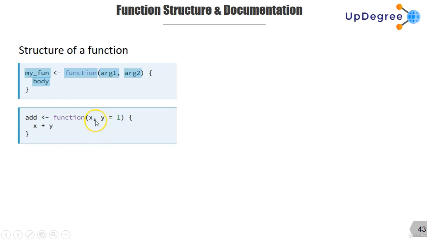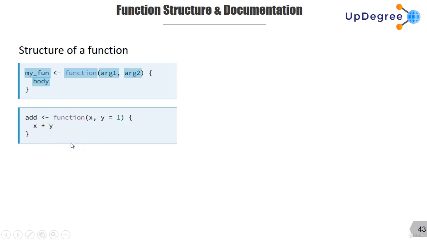Now by default you can set some value. If you write only x comma y, then there is no default value. But if you say x comma y equal to 1, then you are saying that even if you don't pass anything for y, suppose you pass only 2 in this function, then it would give you 2 plus 1 equal to 3.